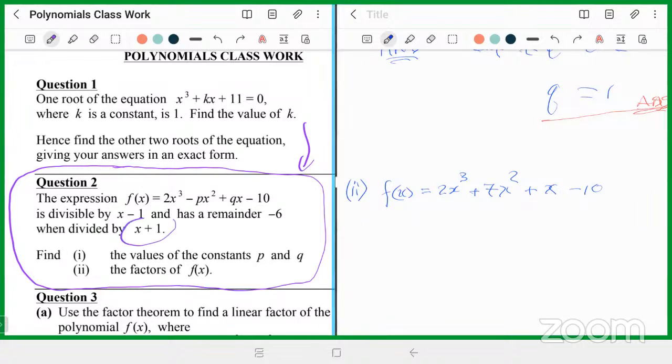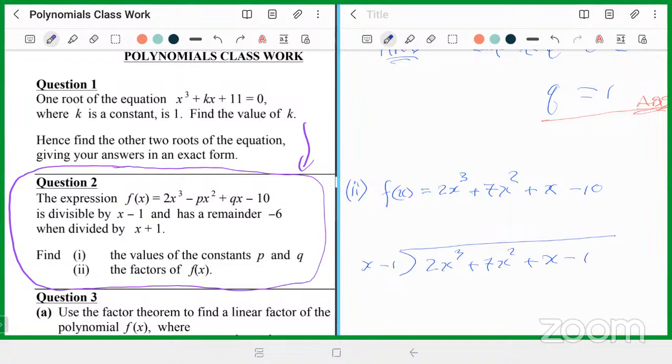I don't want to use the x plus 1 because that's not a factor. I'm trying to factorize it, so I divide it by a factor. Divide it out first. That's 2x cubed plus 7x squared plus x minus 10. And this divided by this is 2x squared.